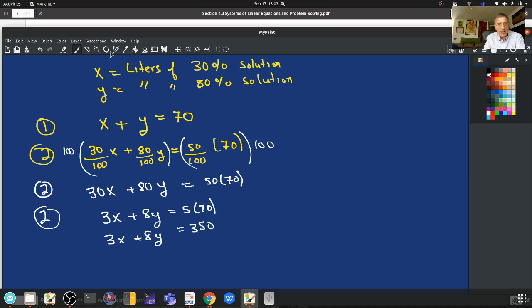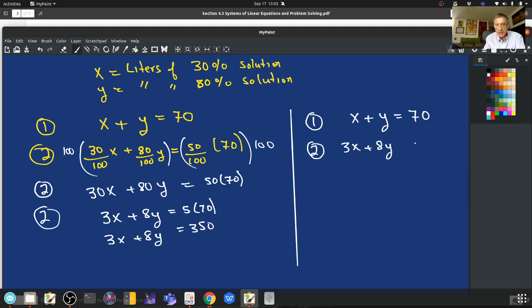So here I have my system of linear equations after simplification: equation 1, x plus y is equal to 70; equation 2, 3x plus 8y is equal to 350. Here I could multiply the top by minus 3 and we would be just fine.